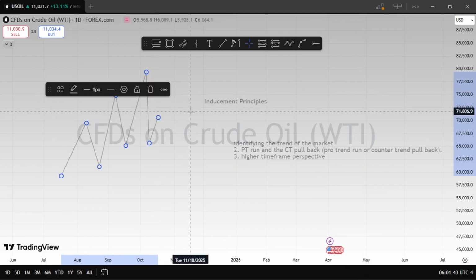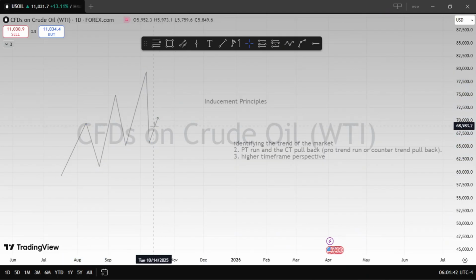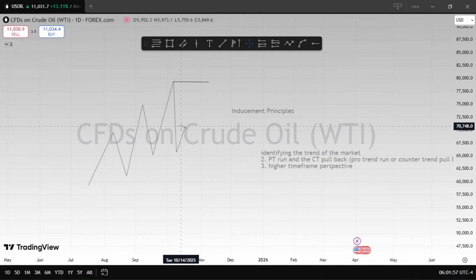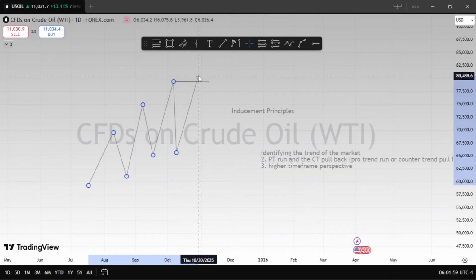We know that we are at this level here, which is potentially a pro trend run. So potentially you're looking for price to pick out this weak high, this weak supply area here, and as a result of that, to pick out this high here.